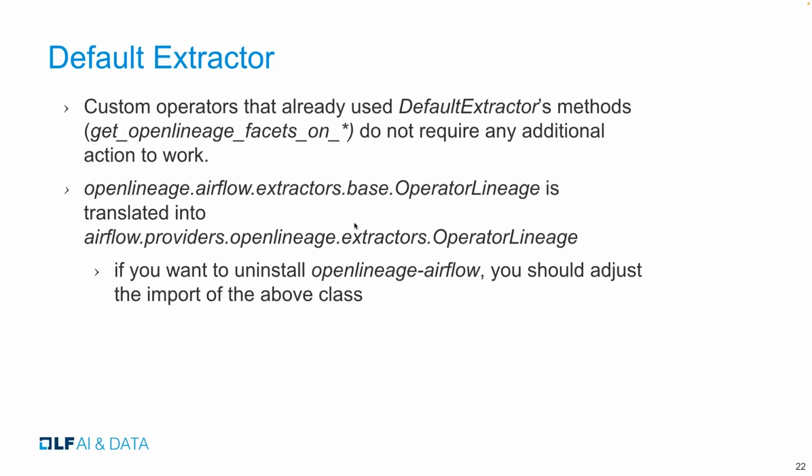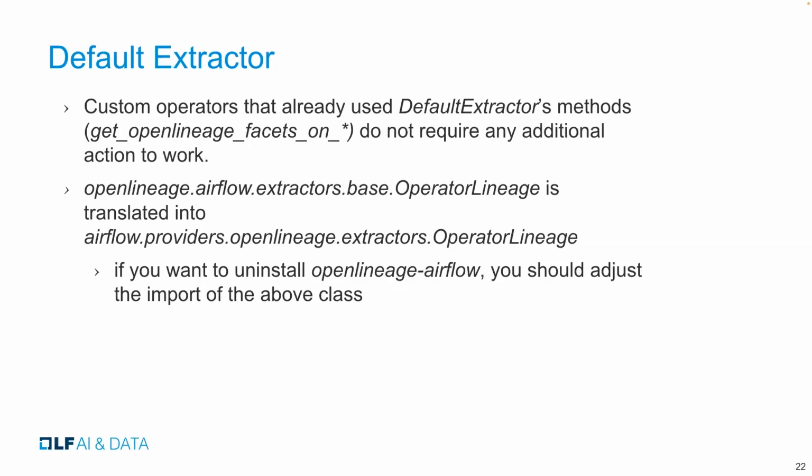The only thing is that previously, obviously, you needed to define some OperatorLineage construct. This is actually a data class that defines inputs, outputs, run and job facets. And this is automatically translated to the provider one class.